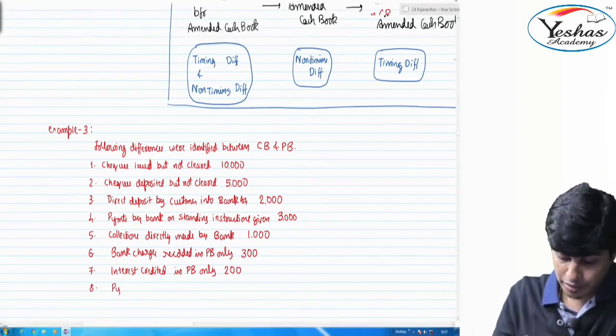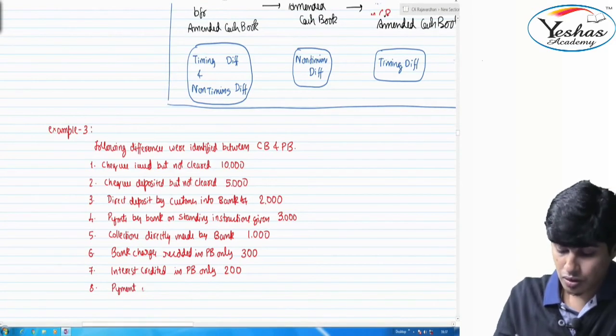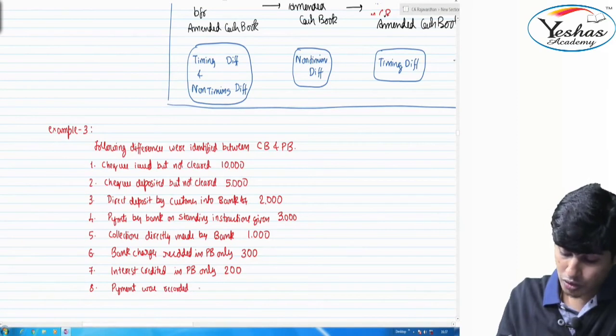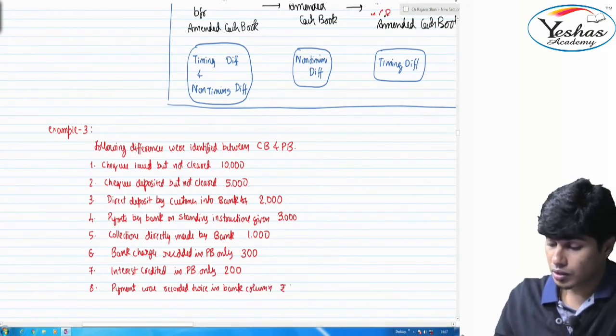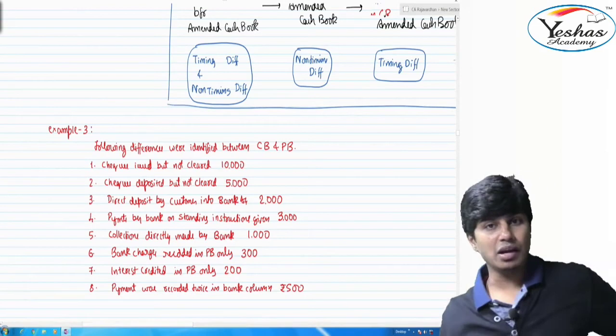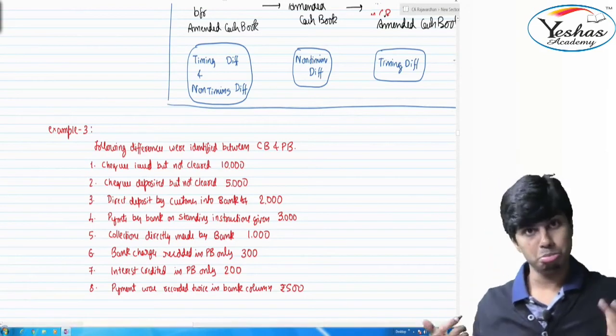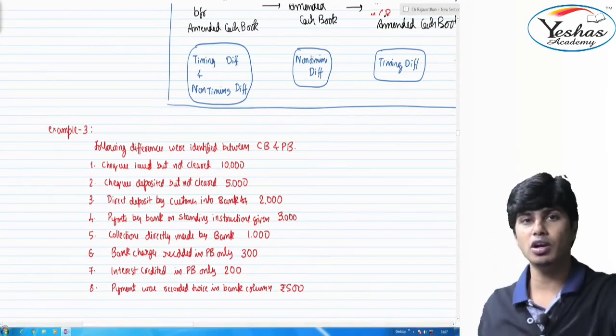Payment was recorded twice in bank column. You made one payment, a bank payment, and you recorded it twice in the bank column. That would have reduced your bank column by 500 further.